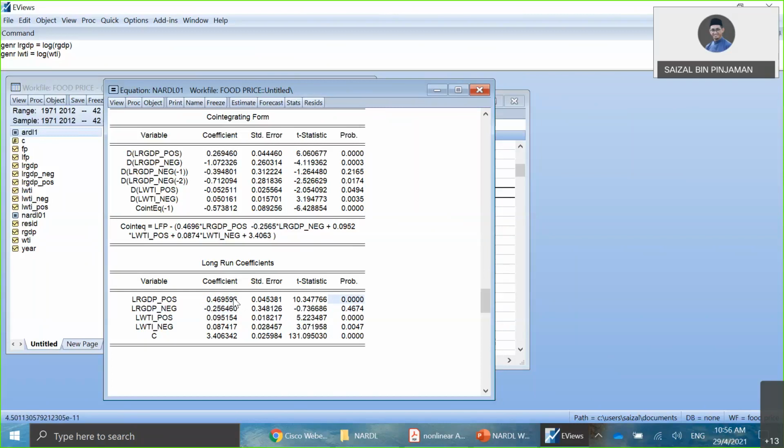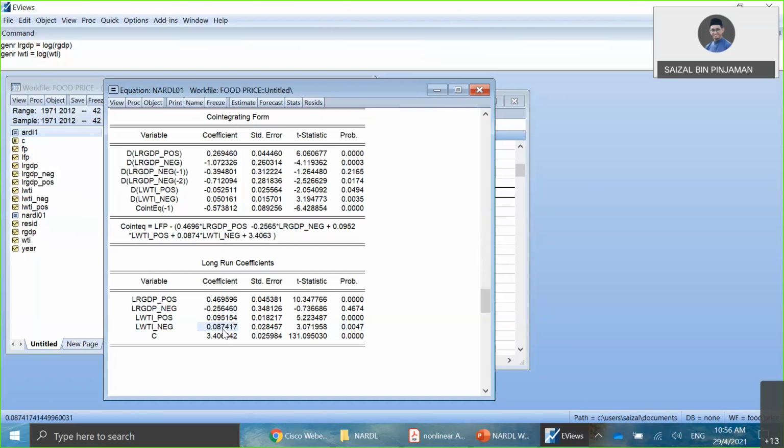Then we proceed with fuel price. Both positive and negative fuel price present a significant impact towards the food price. And when you look at the coefficients, they are pretty much the same, meaning that their influence towards the dependent variable, food price, is relatively similar.